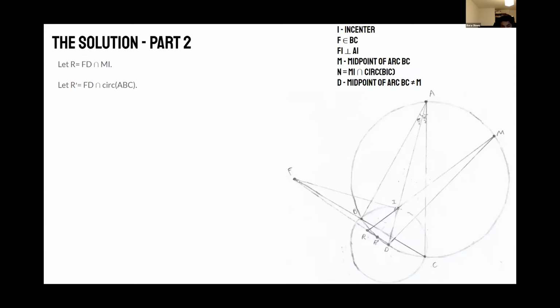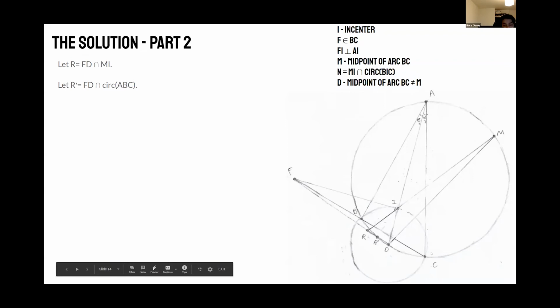So here we introduce R, which is MI intersection with the line FD, and R prime, which will be FD intersection with the circle. There's this case where the second intersection of FD with the circle doesn't exist, so FD is tangent, but I think it's pretty easy to rule out, and I won't show it.